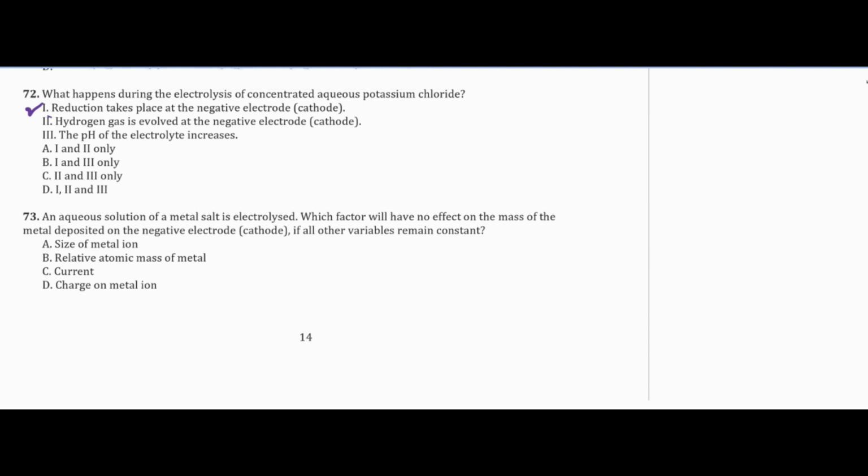Okay, if you need to check that, what you do is write out your ions. The ions that are involved, we have H plus from the water and K plus from the potassium, as well as OH minus from the water and Cl minus from the chloride. So then what do we pick? At the anode here, because it's a concentrated solution, we pick the chloride ion.